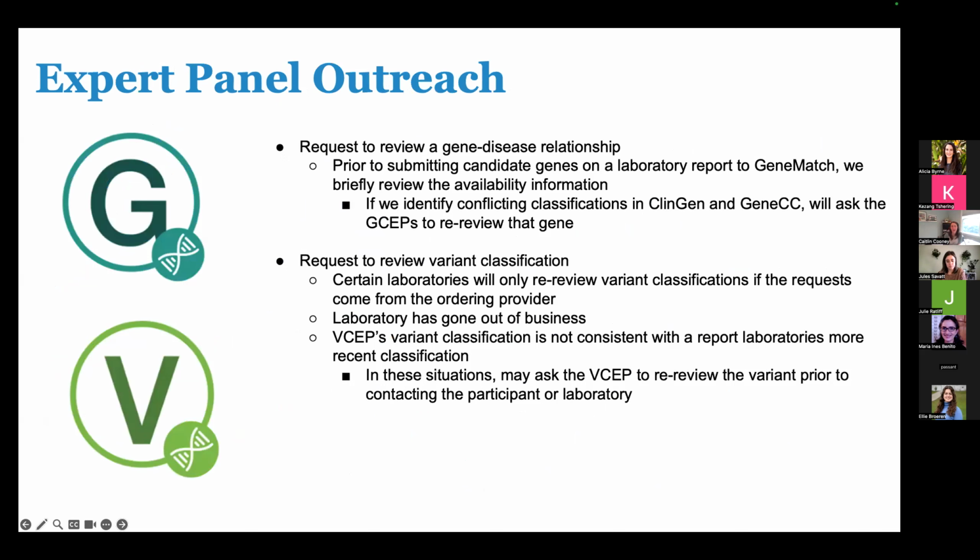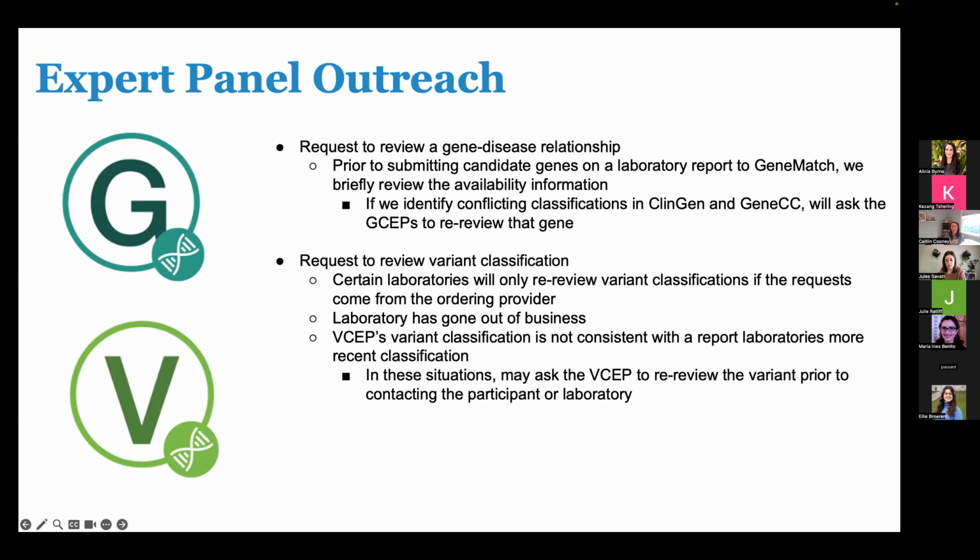So when might we reach out to you guys? This is really when GenomeConnect leans on all of the fabulous experts that ClinGen has. So we may request different GCEPs to re-review gene-disease relationships. Prior to submitting candidate genes from a laboratory report to GeneMatcher, we briefly review the available information.